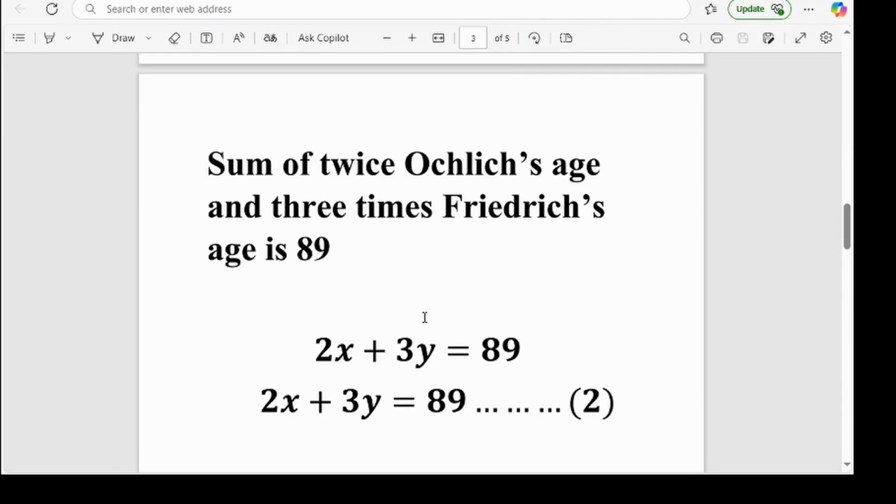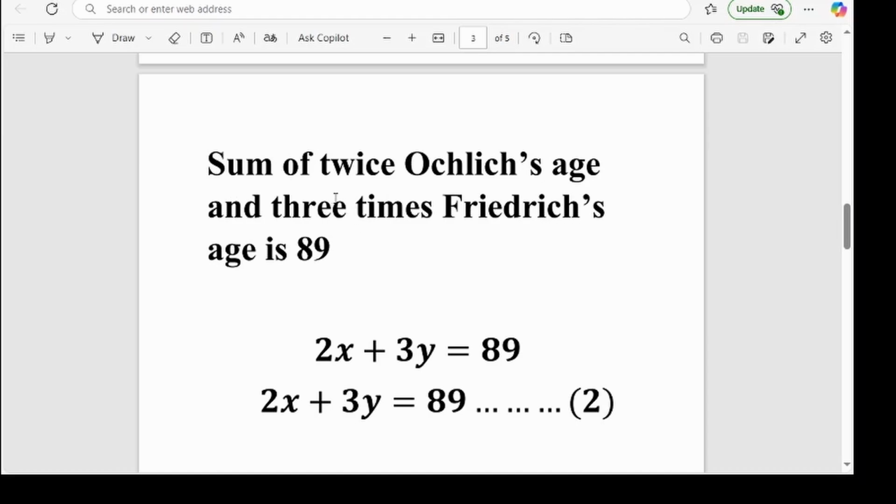Right. So the sum of twice Ocklich's age and 3 times Friedrich's age is 89 years old. So 2x plus 3y equals 89. This is so because of the sum of twice Ocklich's age. So twice is represented as 2 times the number, and thrice is represented as 3 times the number.